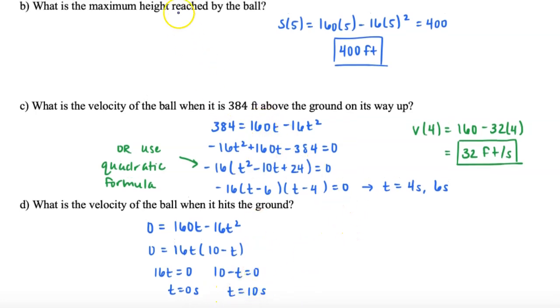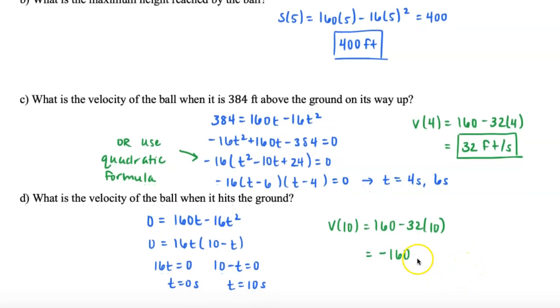So to find the velocity at t equals 10, I'm going to plug 10 into that velocity function, and I get v of 10 is 160 minus 32 times 10. 160 minus 320 is negative 160, and my units are in feet per second.